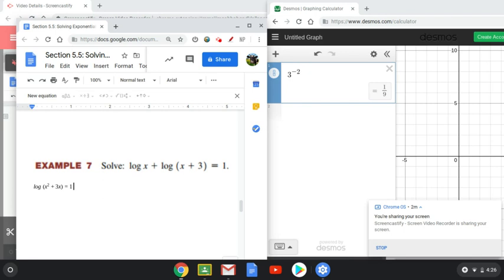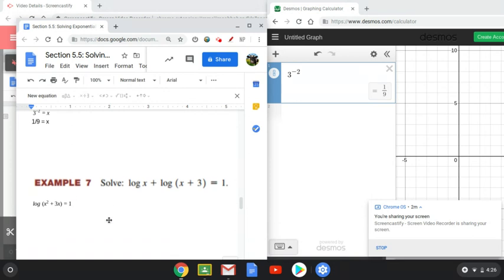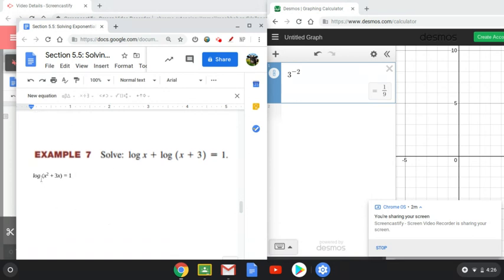I'm going to take this thing and put it in exponential form. Well, here's the thing. This logarithm had a little 3 right here. If there's nothing written here, if there is no base, what's understood to be there for a regular log? Well, it's 10, okay? So what you actually have here, and I'll write that in just so you can see it there. It's an understood 10.